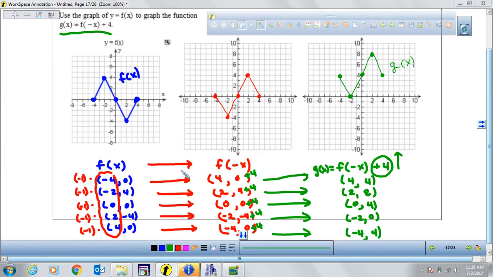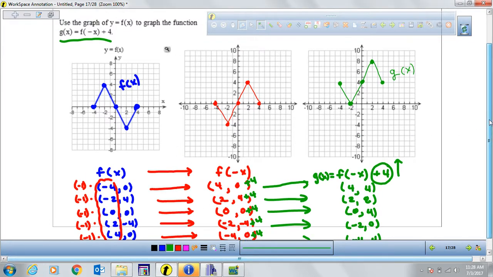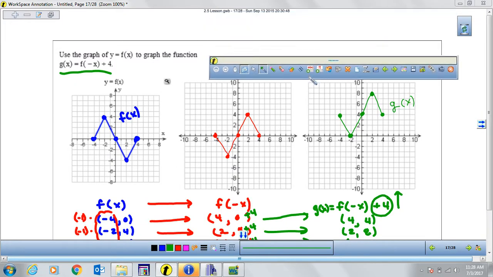Let's go ahead and describe the transformations here and see how the graph of g is related to the graph of f. I'm going to say it exactly in the order in which the transformations happen.